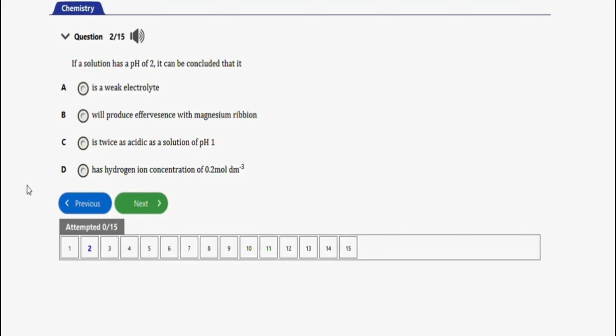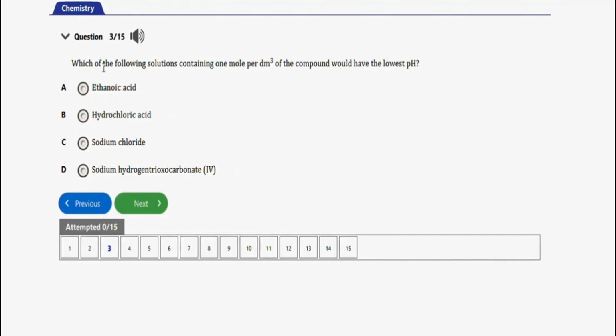Next question will be this one. It says which of the following solutions containing 1 mole per dm cube of the compound will have the lowest pH? We have ethanoic acid, we have hydrochloric acid, sodium chloride, we have sodium hydrogen trioxocarbonate(IV).